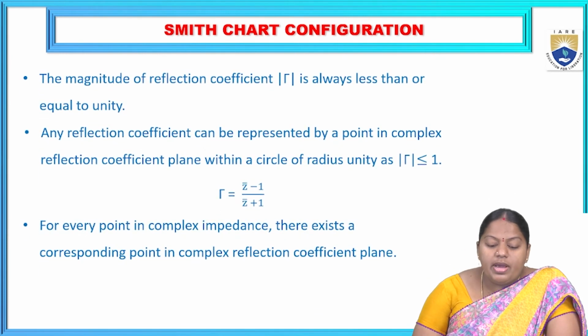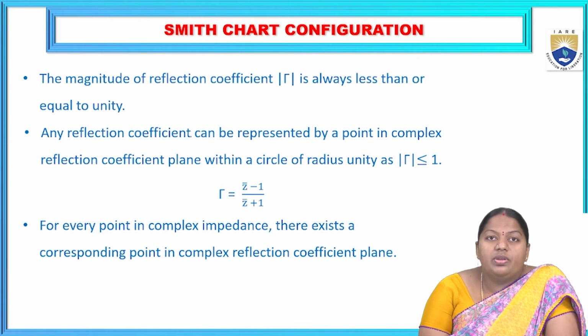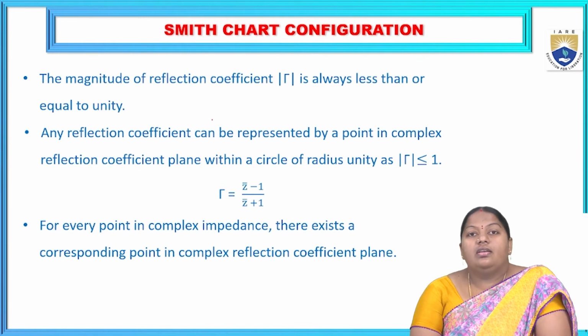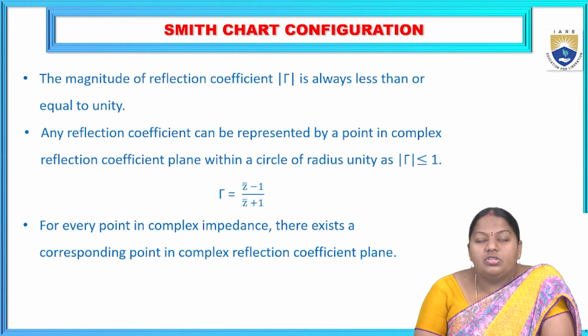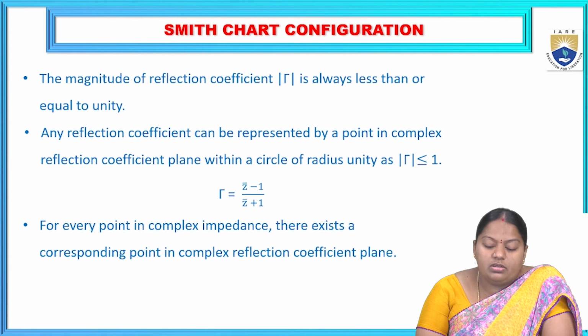Then, the magnitude of reflection coefficient gamma is always less than or equal to unity. All this we have already analyzed in the previous lectures, under reflection coefficient and the standing wave ratios of a transmission line, where we performed one lecture on this.